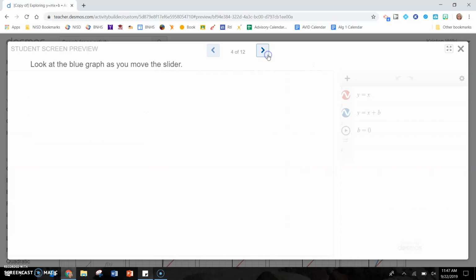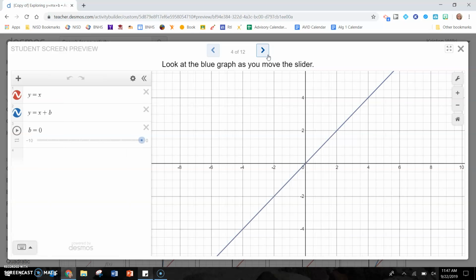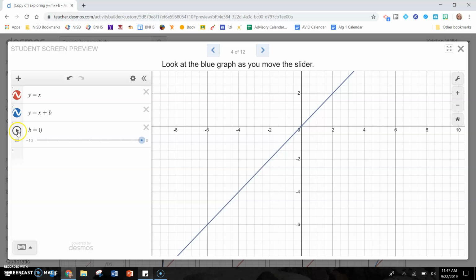Okay. In relation to that, what happens if I make the b value a negative number? So again, there's my parent function, there's that basic y equals x line. If I want to make the b value be negative, let's see what happens to this graph. So if I push play on our slider, now our graph is shifting downward along the y-axis.